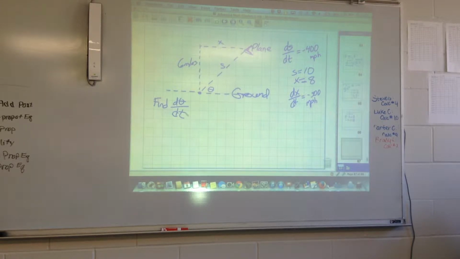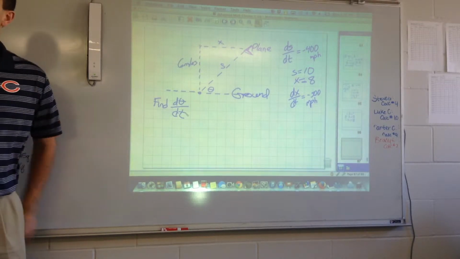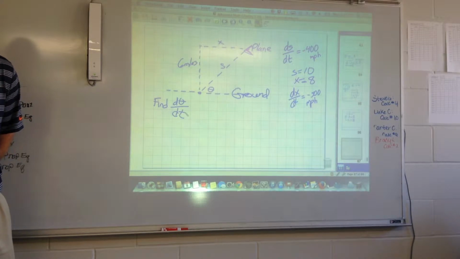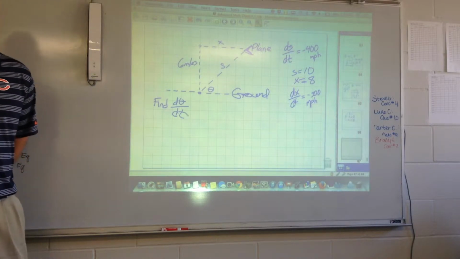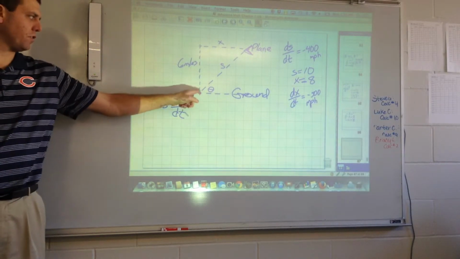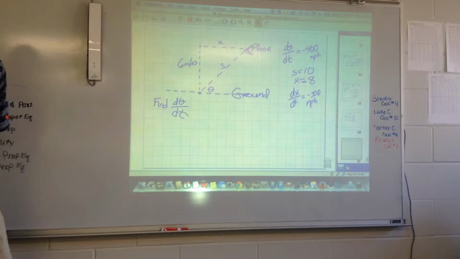Isn't it just a trig function? Yeah, use a trig function. Whatever point on the ground we look from, it's always 90 degrees to the plane's altitude. We will have to use a trig function.